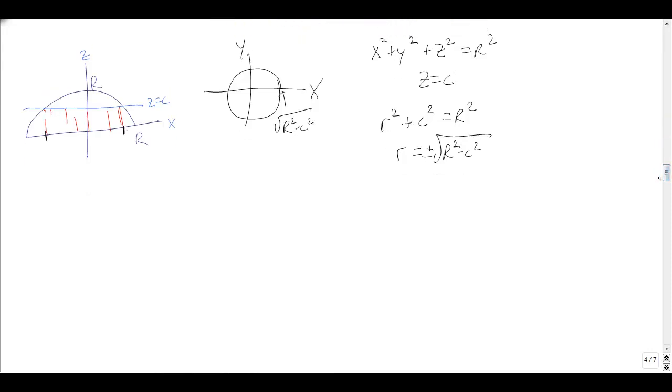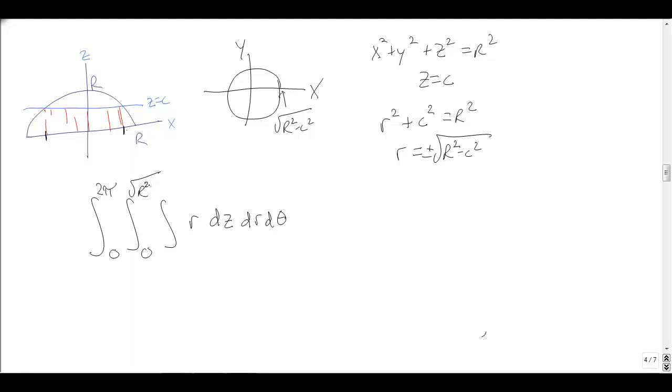Okay, so what we need to do then, our integral, our volume, we're going to get a triple integral. When we do a cylindrical volume, volume means integrate the function 1, but we get our Jacobian, which is r. And then let's do this, maybe a dz, dr, d theta. So theta, we're going to rotate completely around, is 0 to 2 pi. R is going to go from 0 out to this square root of capital R squared minus c squared.